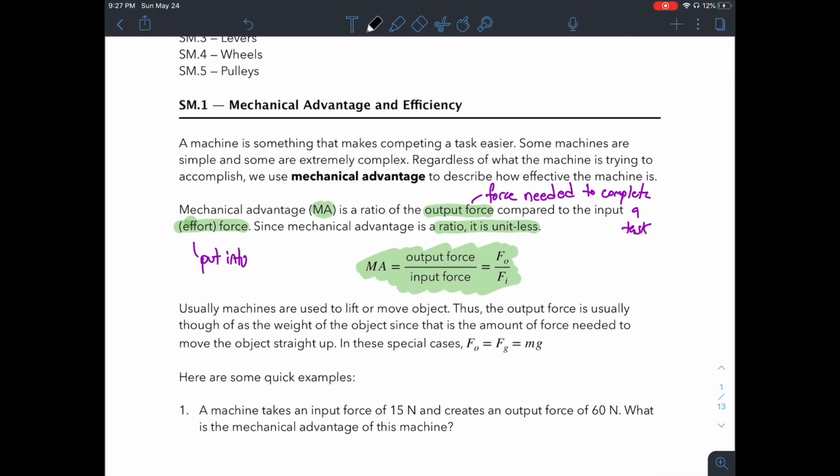Like I was just talking about, that output force is sometimes going to be the weight of the object, since if we are trying to lift an object up, then we are fighting against the weight of the object. That's the amount of force needed as an output. We don't want to put all of that force into the machine. We want the machine to help us out a little bit so we don't have to work as hard. That's what simple machines do.